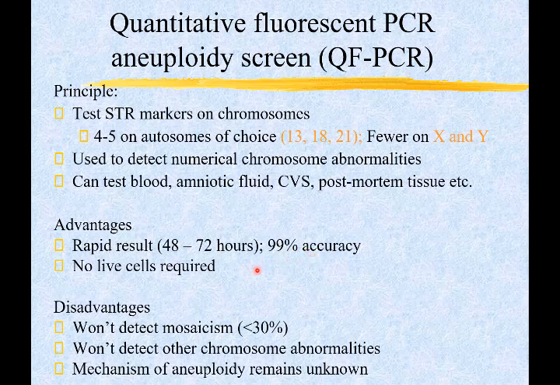So a lot of times when the gynecologist or prenatologist sees a defect in their sonography and wants to confirm it quickly, they order the QF-PCR. Disadvantage of this test is it won't detect mosaicism less than 30%, won't detect other chromosomal abnormalities, and the mechanism of aneuploidy remains unknown.